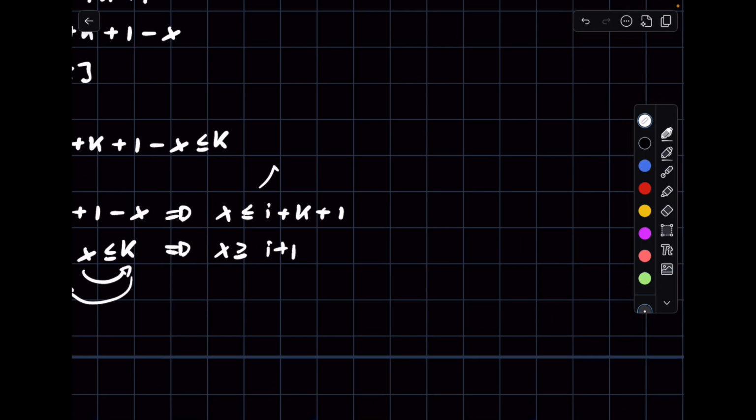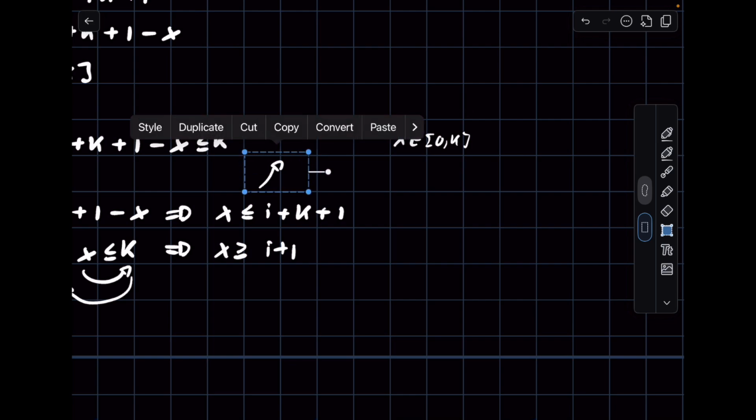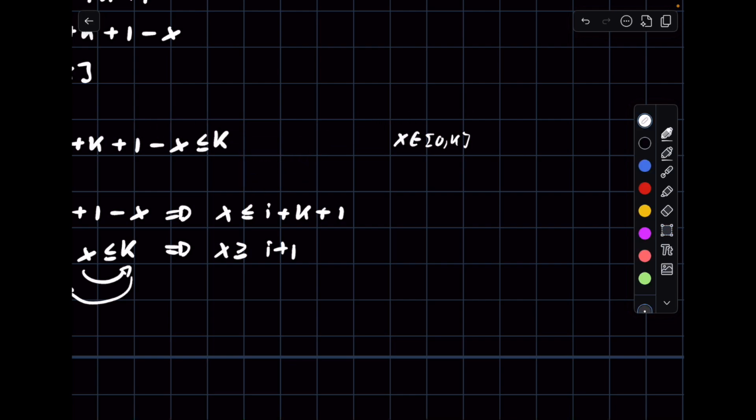We know for a fact that x has to be from 0 to k, and we're going to compare it with all the other ranges. x starts from 0 up till I plus k plus 1.